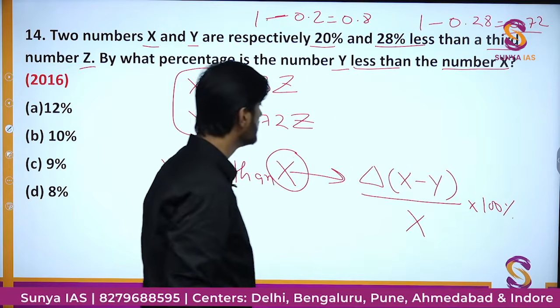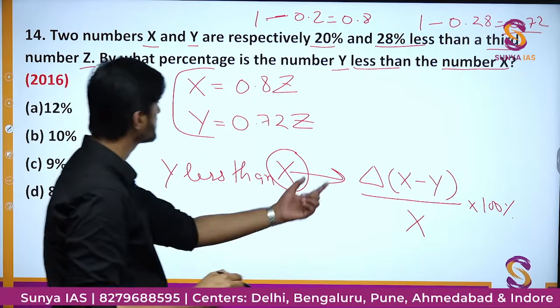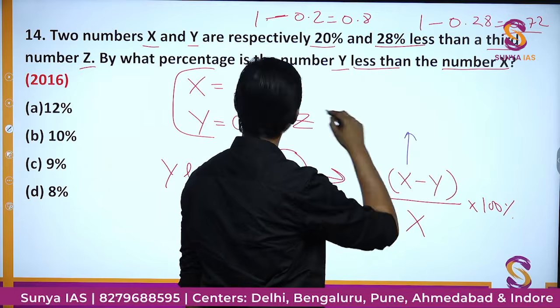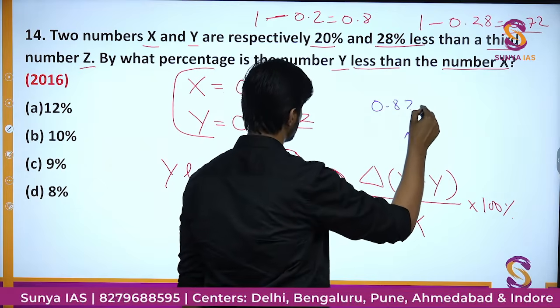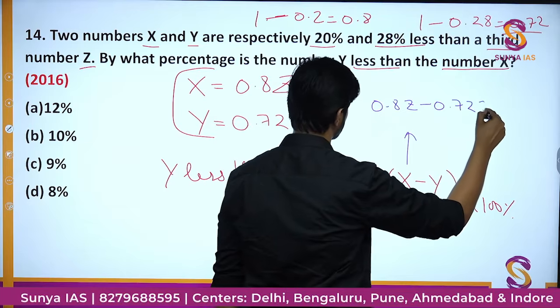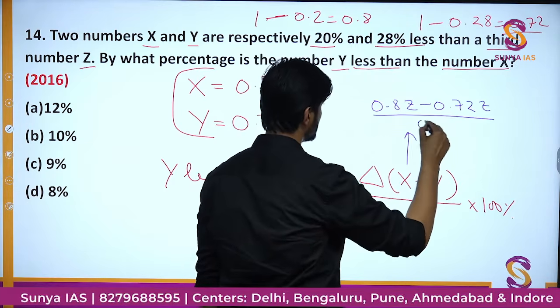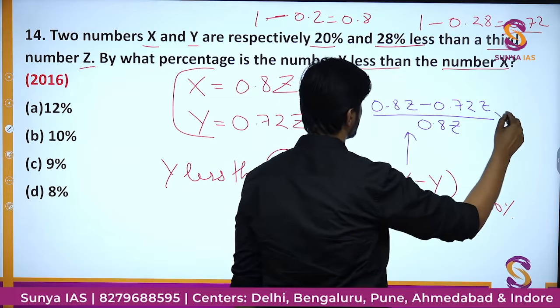All right. So how much the difference is going to be? Here the difference is going to be X is 0.8Z minus Y is 0.72Z divided by X, which is 0.8Z into 100.